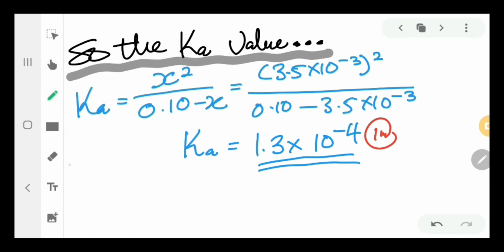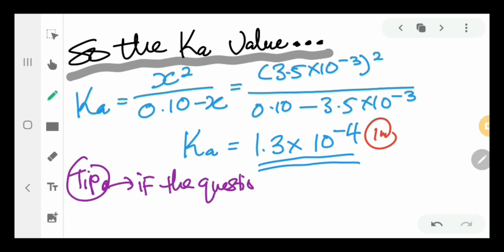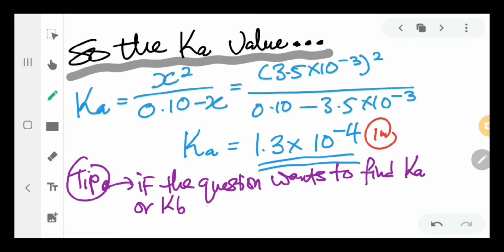So one tip over here: if the question wants to find Ka or Kb, do not assume.